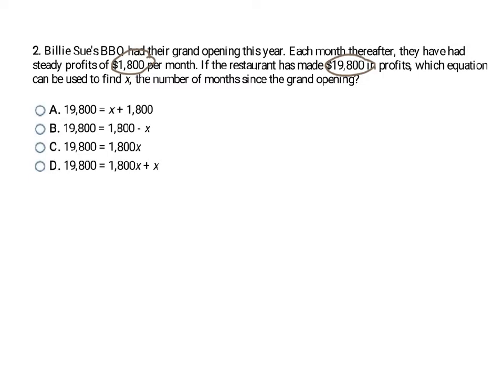First off, I see that the restaurant has made a total of $19,800 in profits. So I'm going to put that where the total number goes. And then I see that it made a steady profit of $1,800 per month. So there's that per.